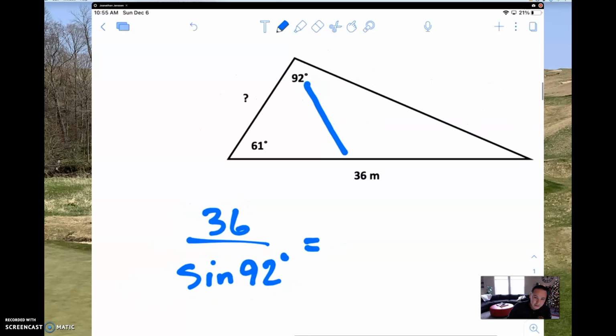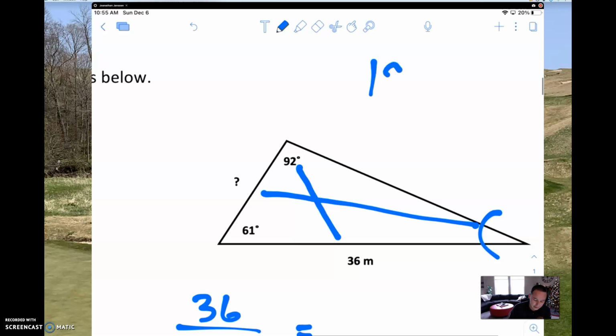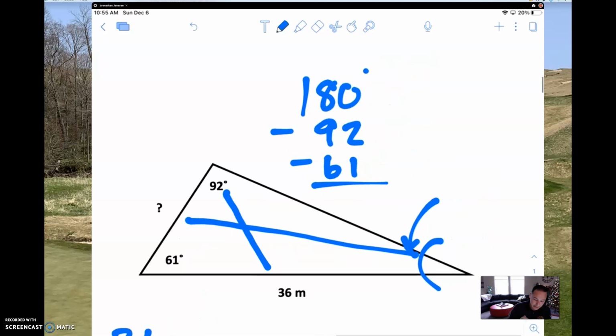But now if I'm trying to find this side over here, it matches with this angle way over here, which we don't have. However, hopefully you remember that within a triangle, you always have 180 degrees. So if we have 180 degrees, and we know that the other ones are 92 and 61, it gives us the remaining degrees, so I know that this angle over here is going to be 27 degrees.